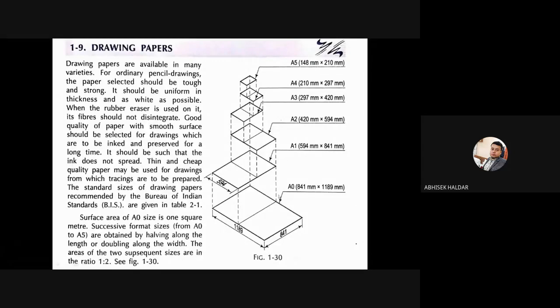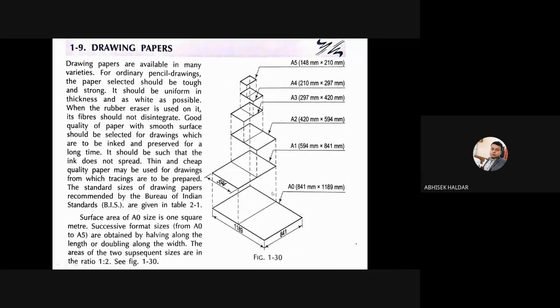So it starts basically from A0. And how does the size get reduced in a particular fashion? This is A0 size paper, and you can see the size is 841 millimeter multiplied by 1189.